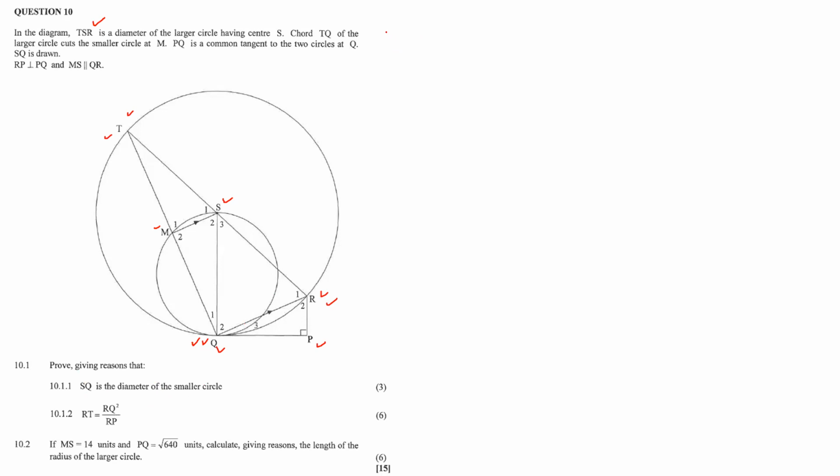So you're going to look at the answer to 10.1.1. Since TSR is a diameter of the larger circle, we shall have a statement, and for every statement, there has to be a corresponding reason.